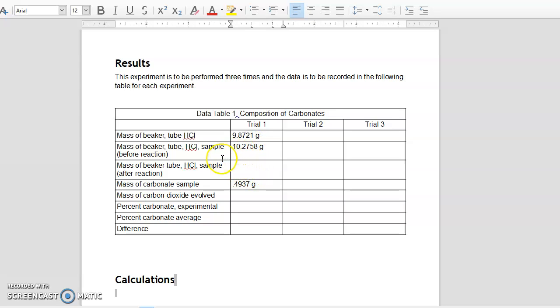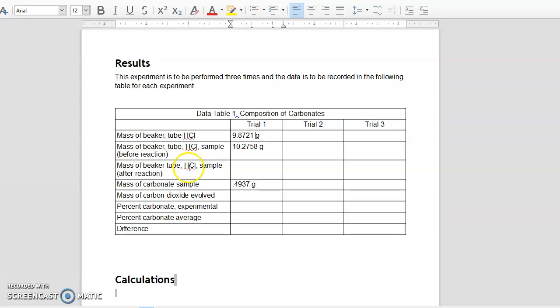So the mass of the beaker and the sample after the reaction. So what happened is you had the tube containing HCl next to this mass of the beaker, and then this beaker right here, we added to it the sample.